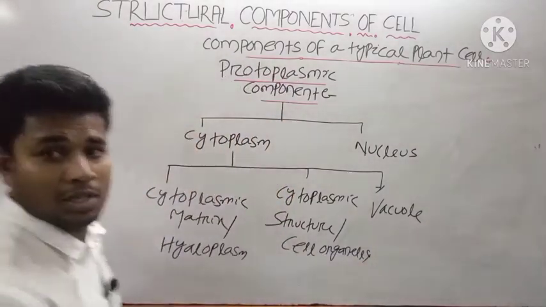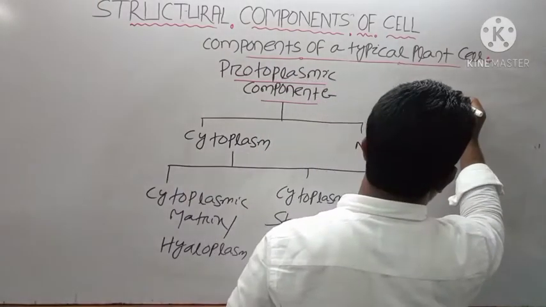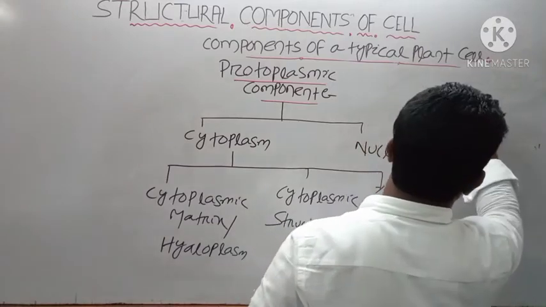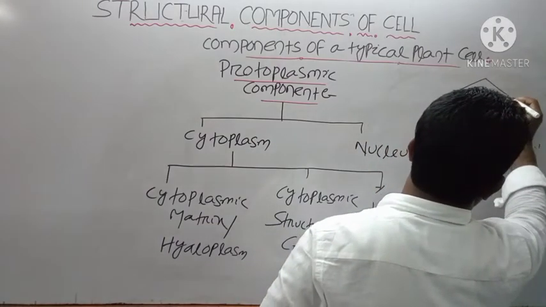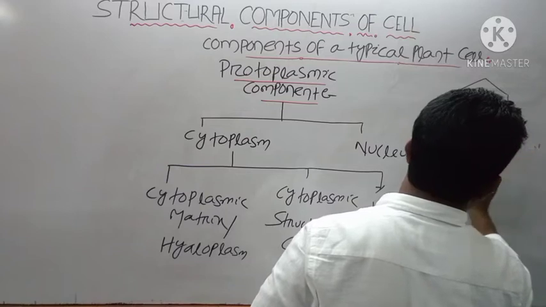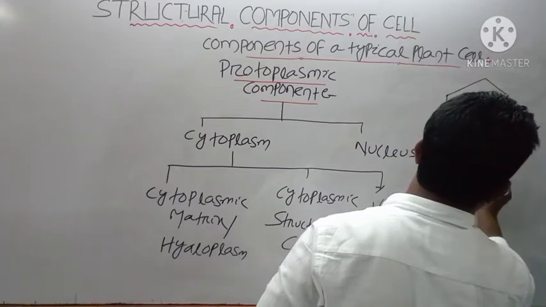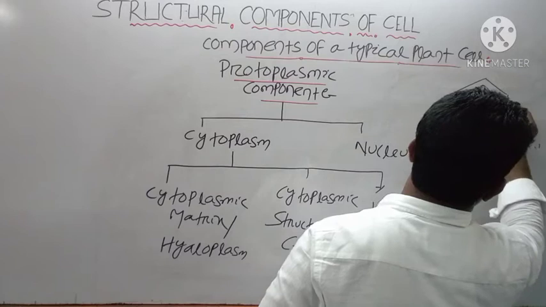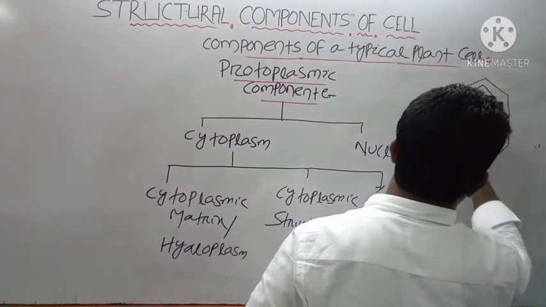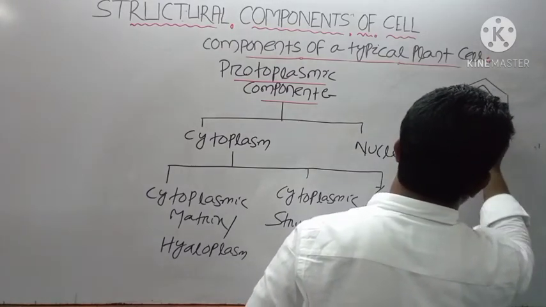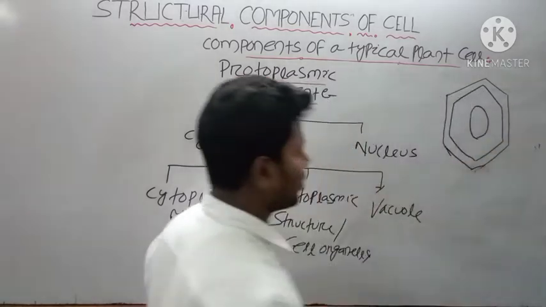Suppose this is the plant cell we have earlier discussed. There is the presence of a central vacuole.